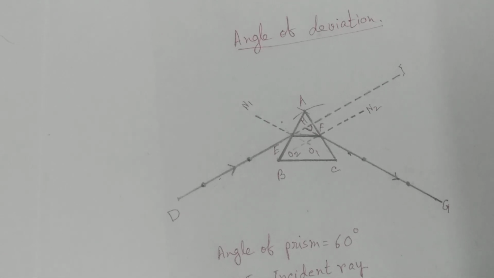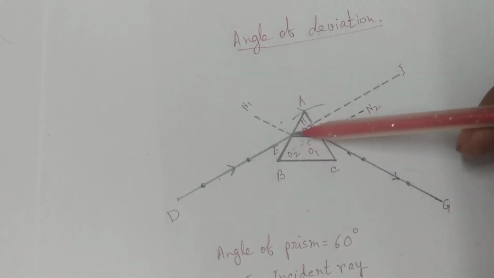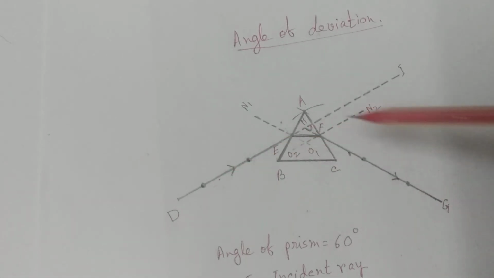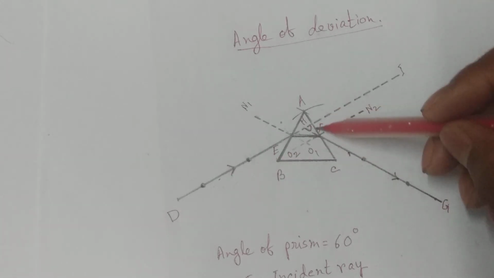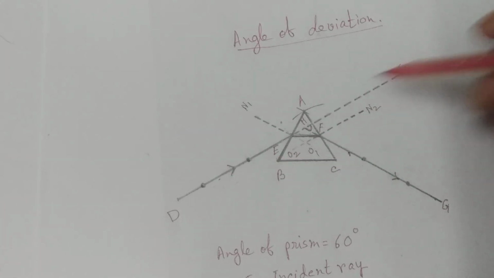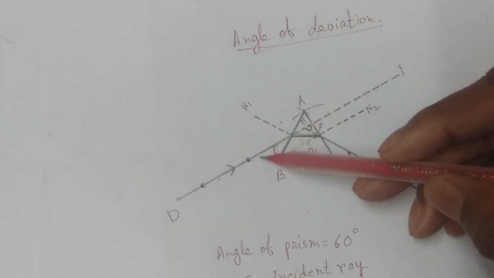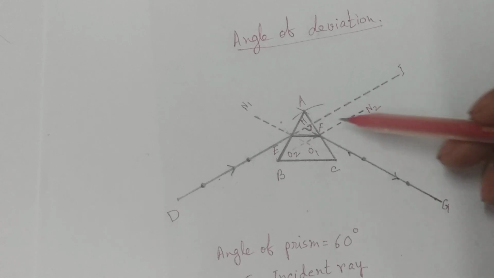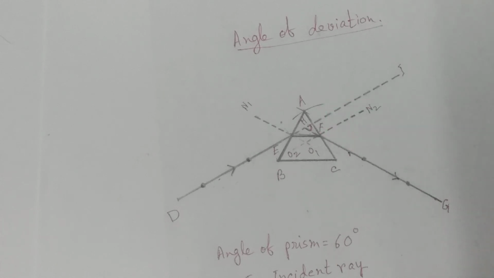You see, this is the angle. Let us explain again. This is the incident ray, this is the refracted ray, and this is the emergent ray. And the angle of deviation is this one, GHI. Angle of deviation means how much the incident ray deviated from its path. This is the incident ray. If we extend this one and it is deviated by this angle, that is the angle of deviation. And in this prism, we find that the angle of deviation is 60 degree.